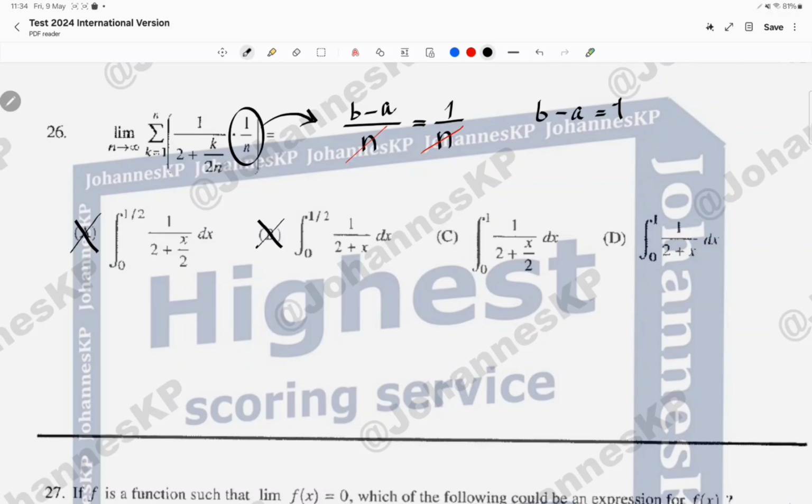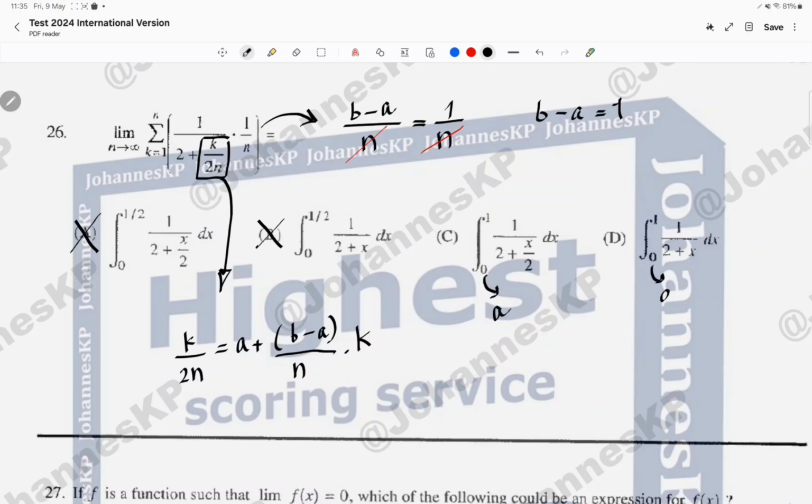Okay. Now, the next thing you do is that you come to this guy. And you say k over 2n is equal to a plus b minus a over n times k. That's like a rule. This is the a, the bottom number. So instead of a, what do you put? 0.